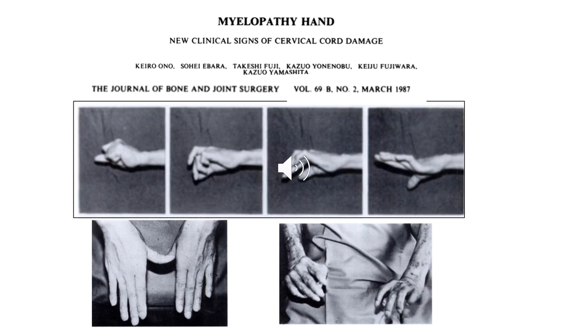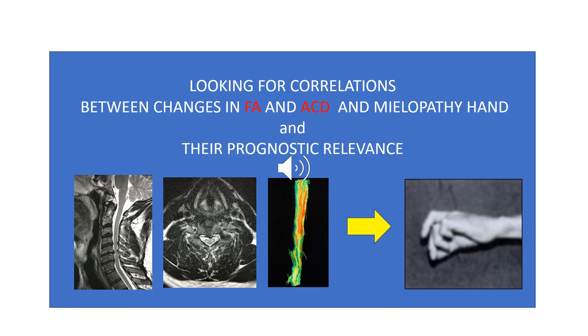You know that in a patient with a serious damage of the spine at cervical level, we may have a serious damage of the dexterity and the strength of the hand, as you may observe in these photos. And then we have investigated this possible correlation and its prognostic relevance.